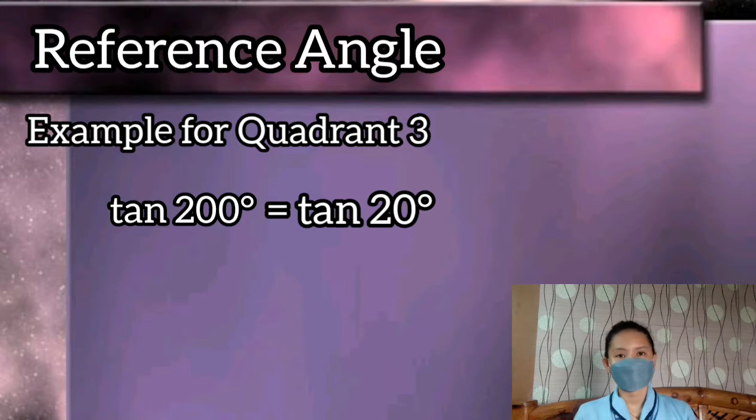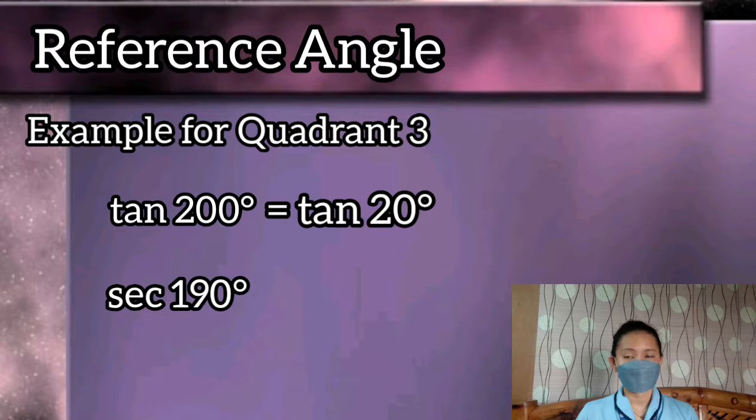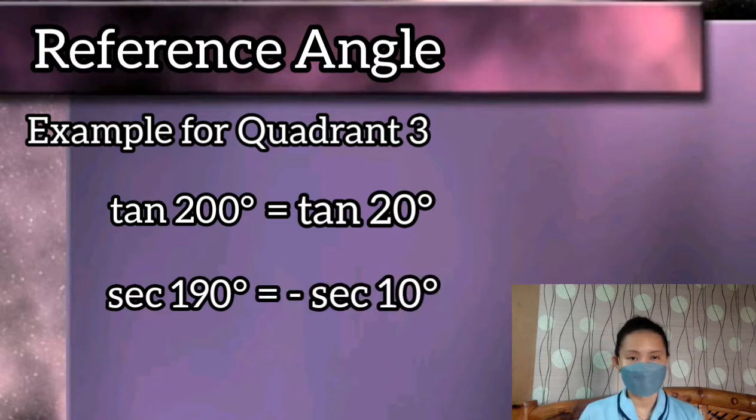So how about secant 190 degrees? Who wants to answer? Yes? Yes, that is right. Negative secant 10 degrees. Why is it negative? It's because it is not tangent, it is not cotangent, and secant is positive only in quadrant 4.